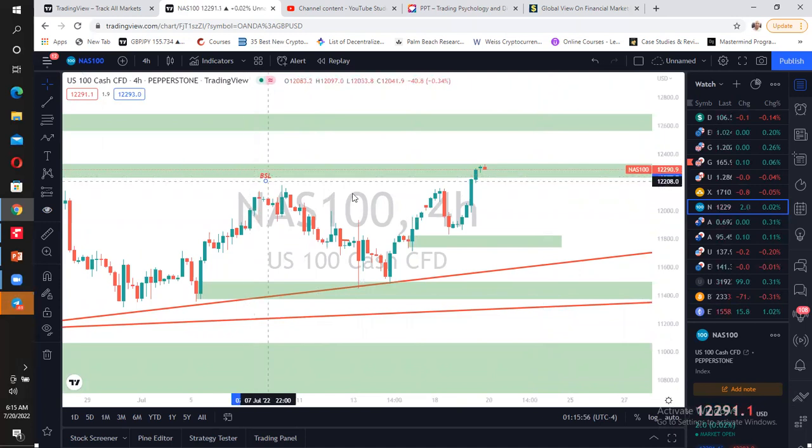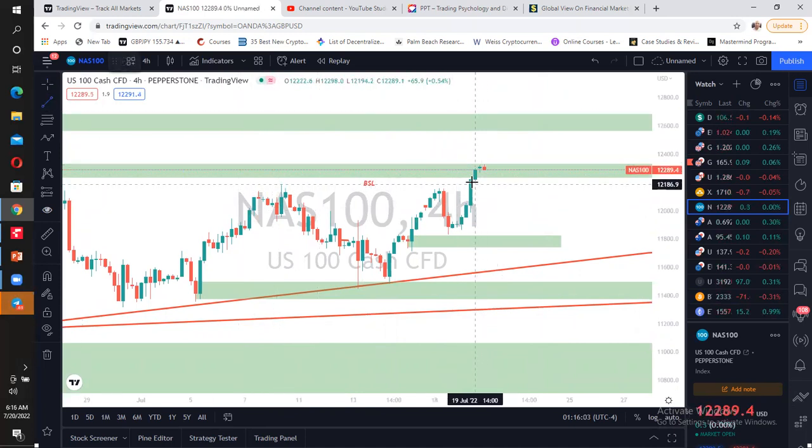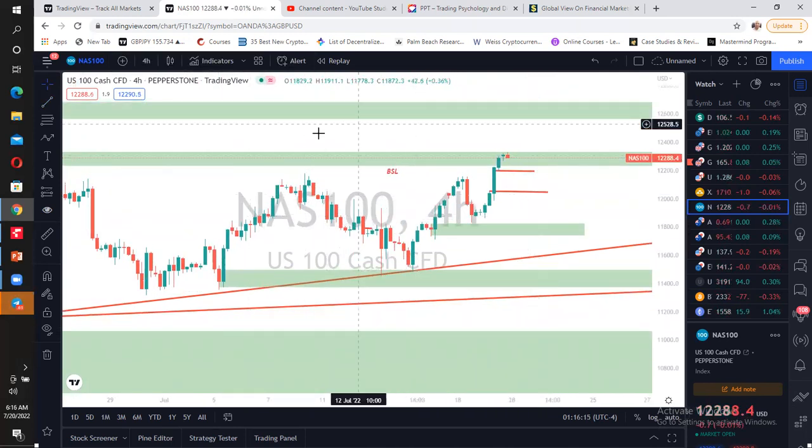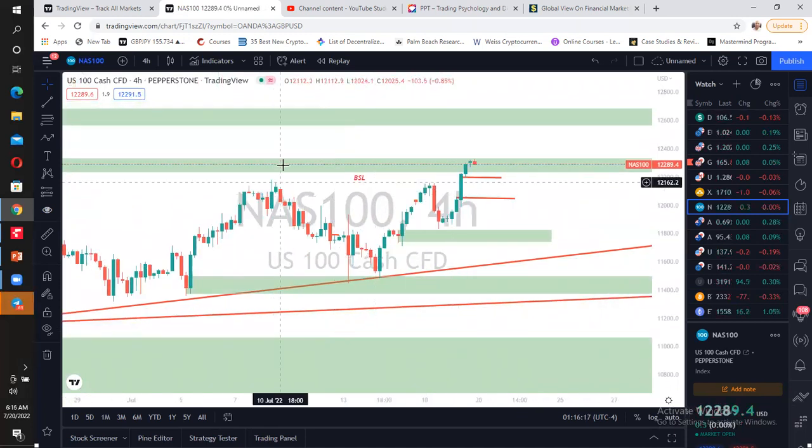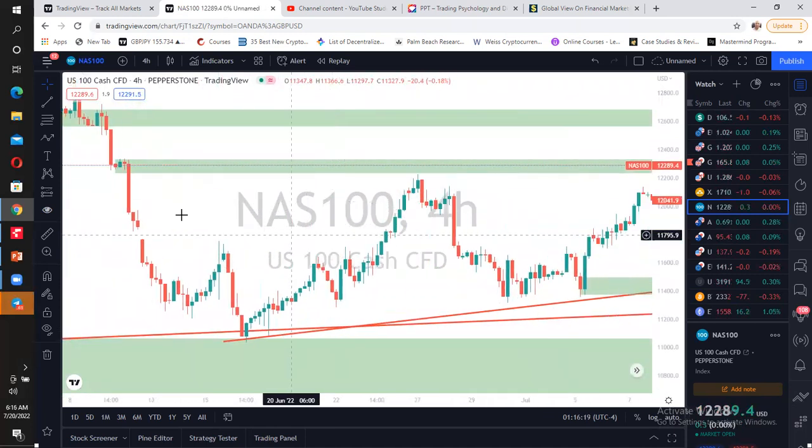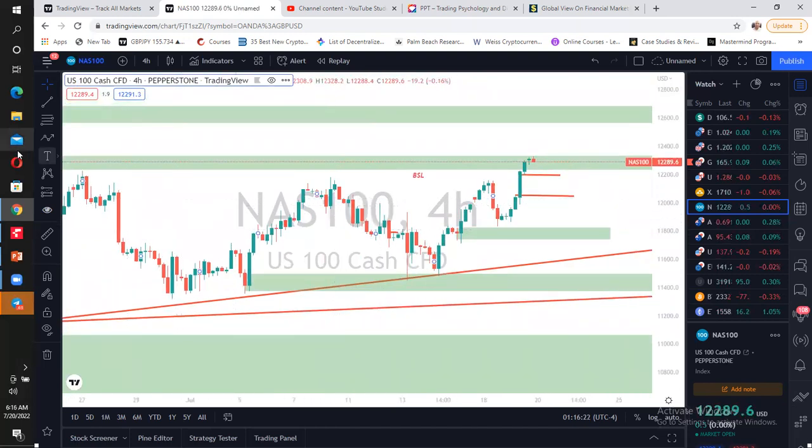This buy stop liquidity is already taken out, and we'll have these. Personally, I like taking trade at discounted rate. So I have this as my fair value gap, and I would like these guys to come in here to go up, coming here, then flush up to this level.